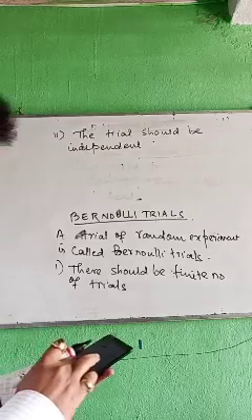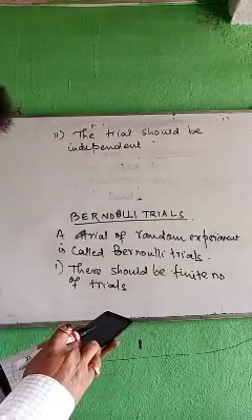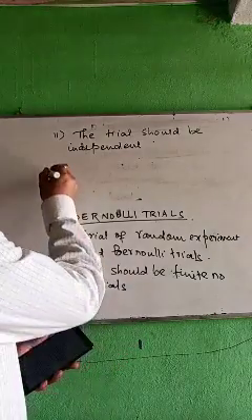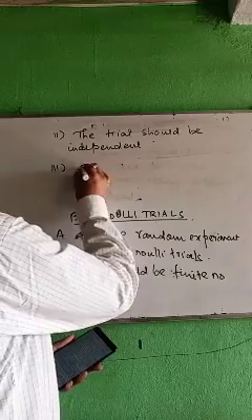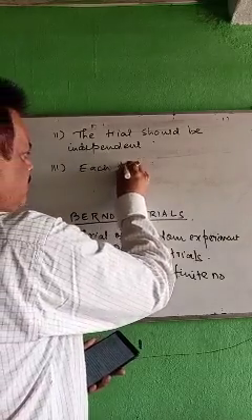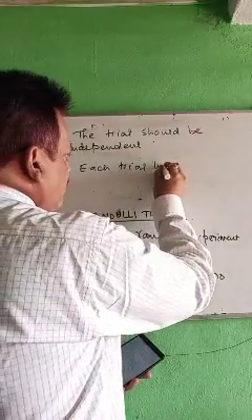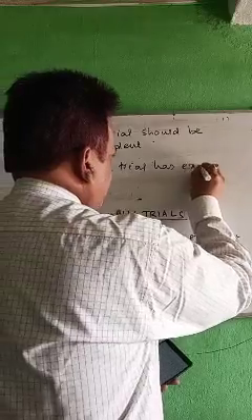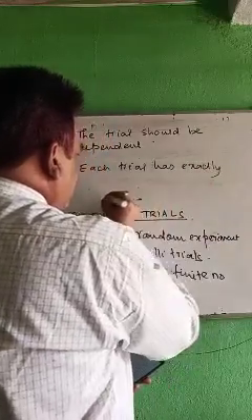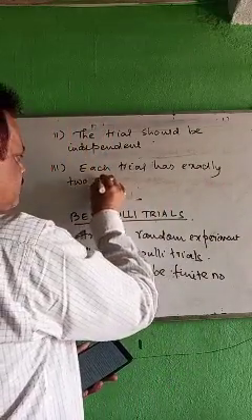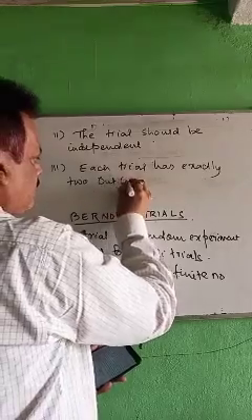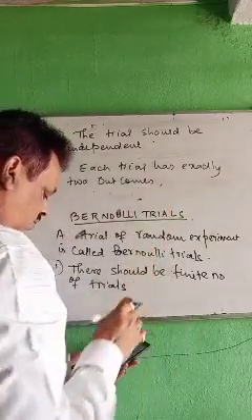Third one is, each trial has exactly two outcomes. What are those two outcomes?